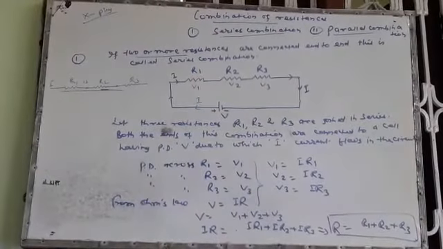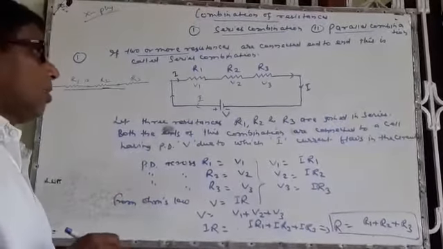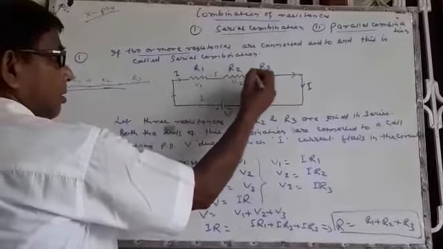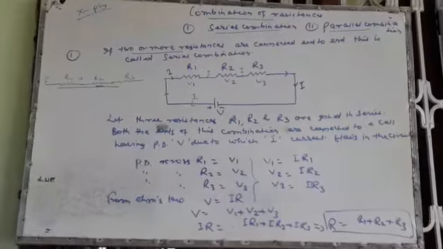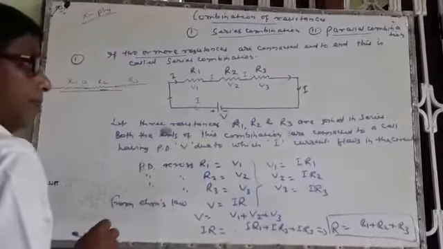Always remember, in a series circuit, current remains the same through all the resistances, but the potential difference is different.